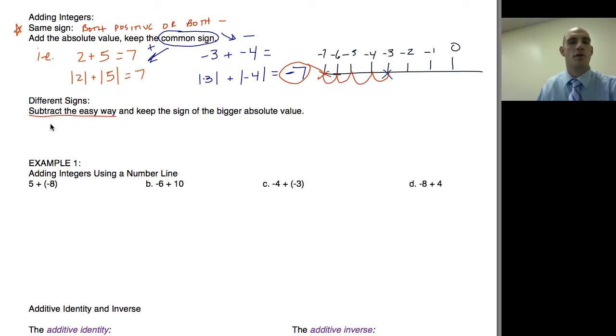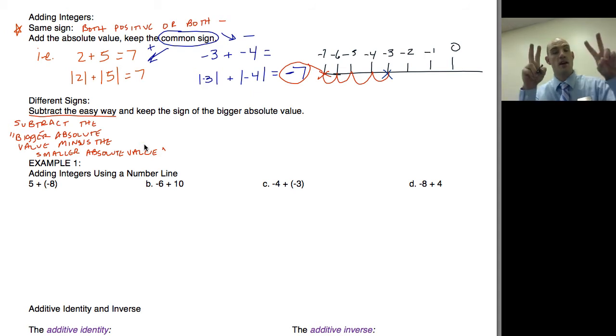And what I mean by the easy way is subtract the bigger number, so the bigger absolute value, minus the smaller absolute value.